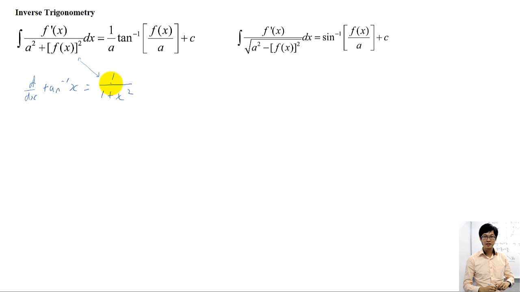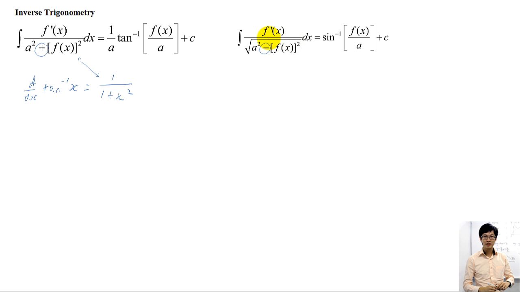So you can apply this formula when you see a square below, and in the middle is a plus. On the other hand, for sine inverse, in the middle is a minus sign. Can you see the difference? Over here is a plus, while over here is a minus. For the minus sign, there will be a sine inverse, and of course, there's a square root sign in front.